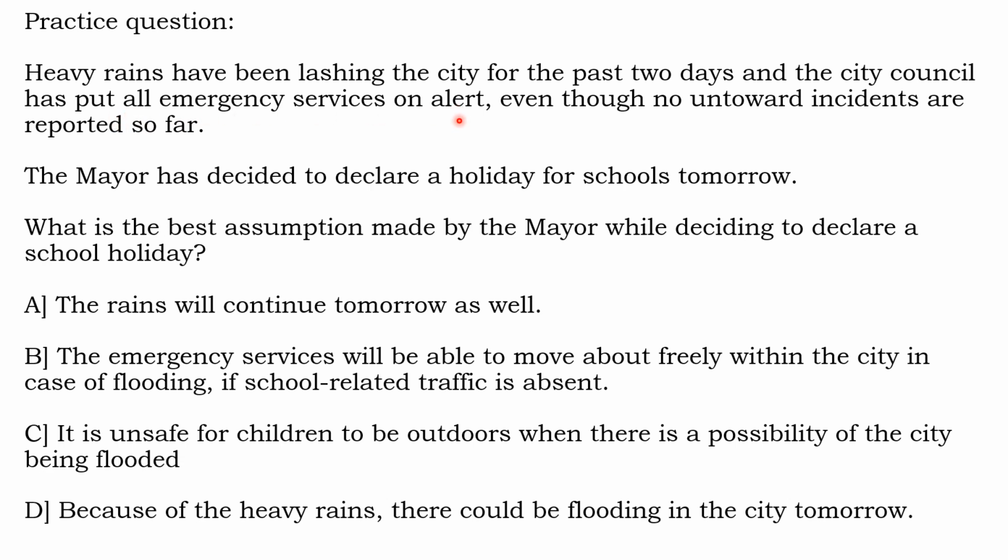Means the city council is expecting that the rains are going to continue tomorrow, and there might be some flooding. So the inference from the facts given is that there could be some flooding in the city tomorrow, because the rains are going to continue tomorrow also. There is a possibility of it. So this is the inference.